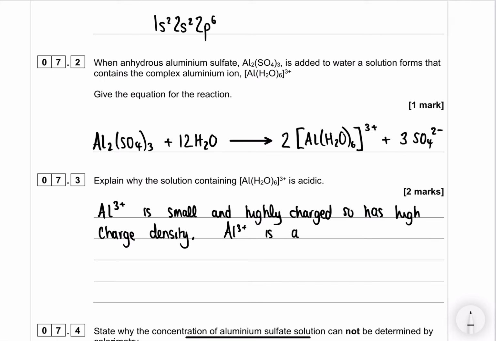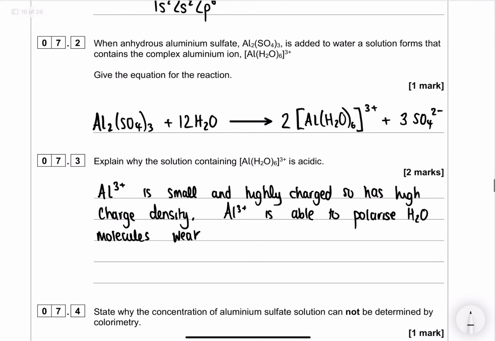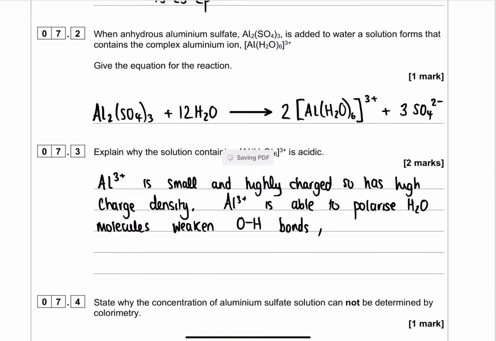Al3+ is able to polarize H2O molecules, weakening OH bonds, allowing H+ ions to be donated. The H+ donor we know is an acid.